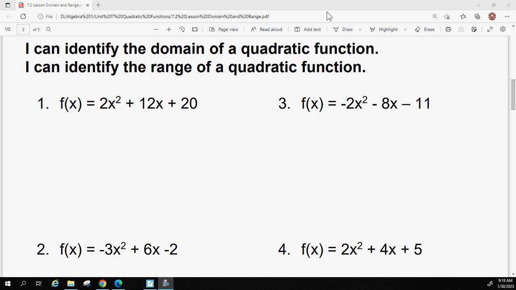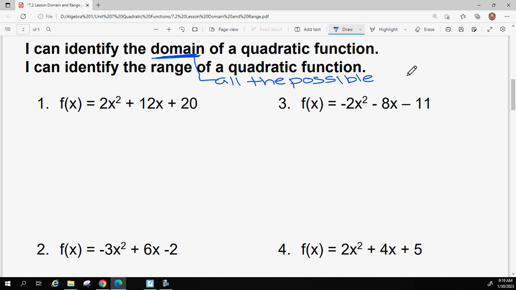The domain of a quadratic function, or of any function, is all the possible x's. Remember, when we have any sort of graph, so a line, or in this case a parabola, those things are made up of an infinite number of points.